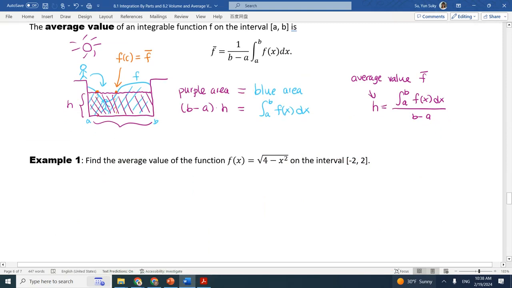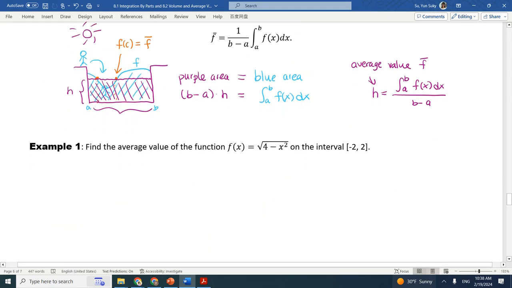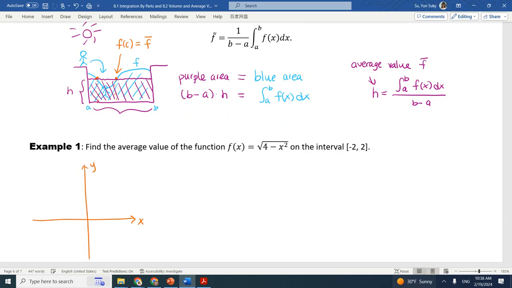Okay, so find the average value of the function on the interval -2 to 2. Let's draw a picture. This is the x, this is the y, and we want to draw the graph, right? If you plug in x is -2, what happens?